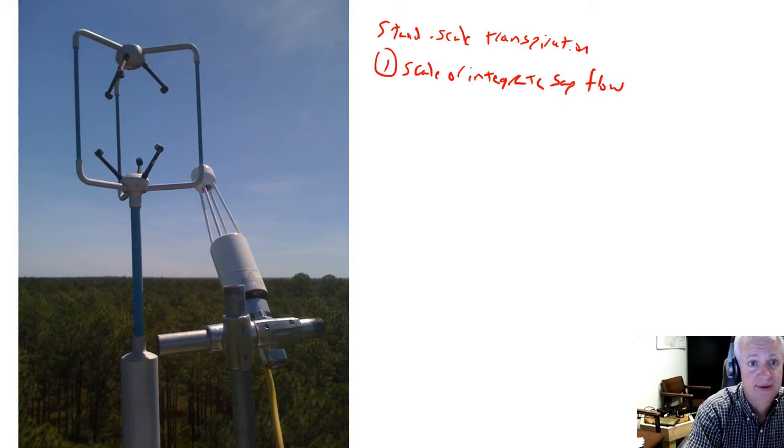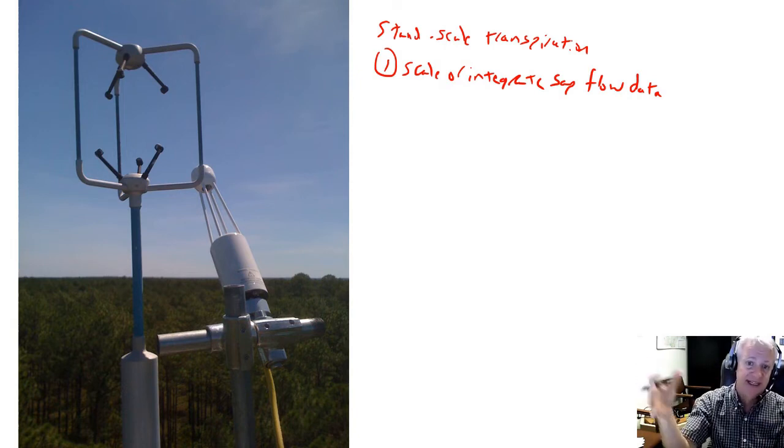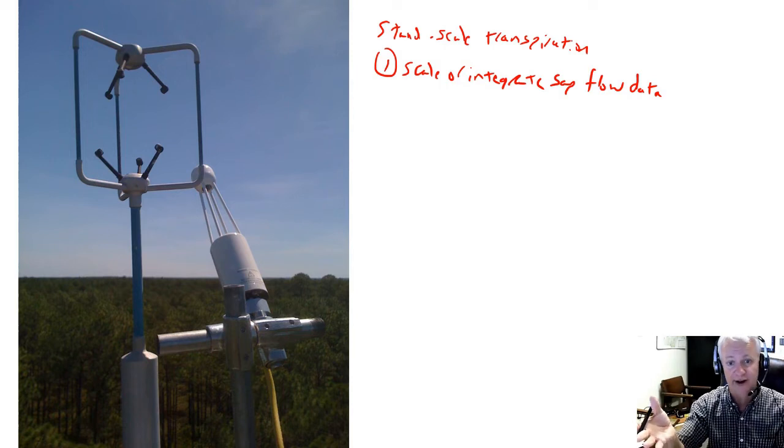So if you, for instance, measure a number of trees in a stand over time and calculate transpiration of those individual trees, and for instance, like in the graph I showed you previously, relate transpiration rate to tree size, you could then take an inventory of the stand and scale those sap flow data up to the stand level and get an estimate of the total amount of water transpired by a stand.